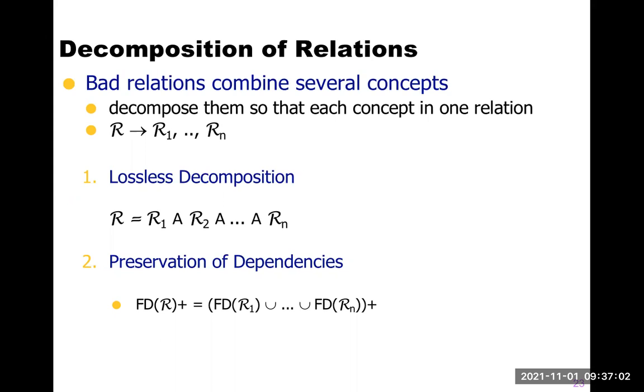A normal form of a table is a table that keeps only a single concept, not intermixed concepts. So each and every fact is stored only in a single record, a single tuple, in a single relation. That's the main goal, and that goal is achieved by decomposition.